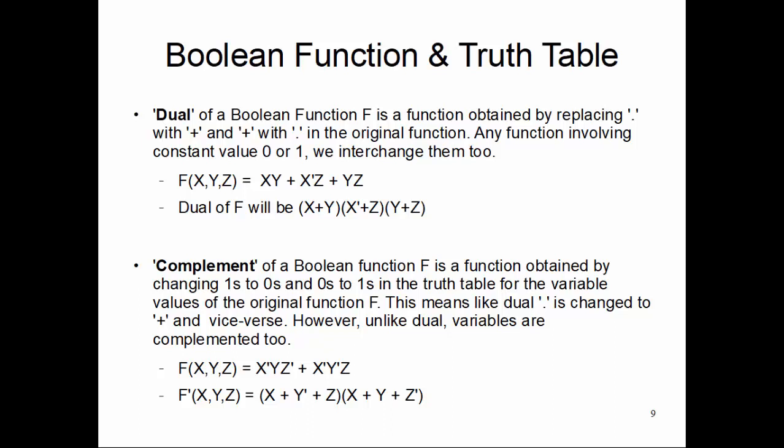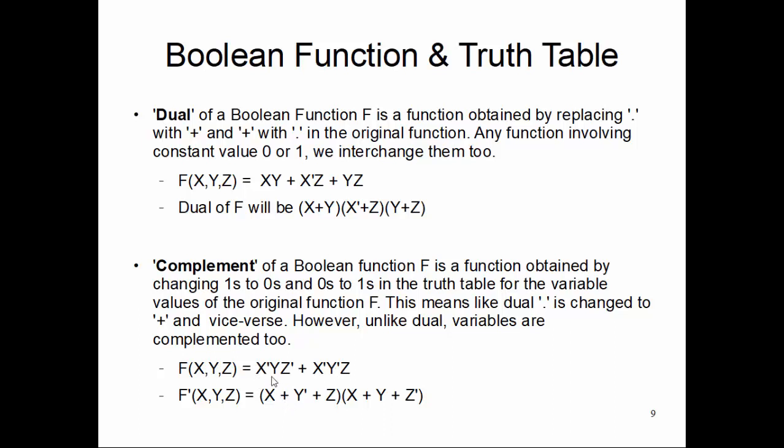For example, let's say f(x,y,z) is x bar y z bar or x bar y bar z. Then the complement of the function, which we denote as f bar(x,y,z), is on the left-hand side, and we complement each of the terms on the right-hand side as well, and interchange dot with plus and plus with dot.